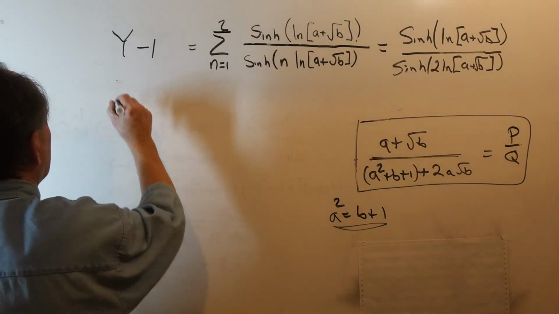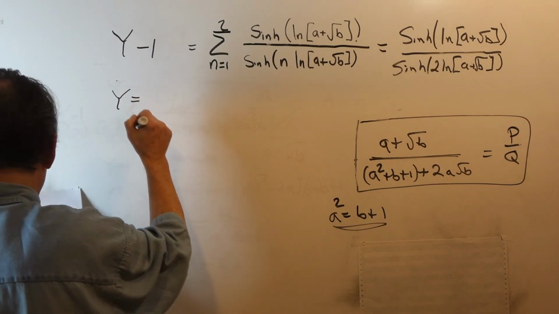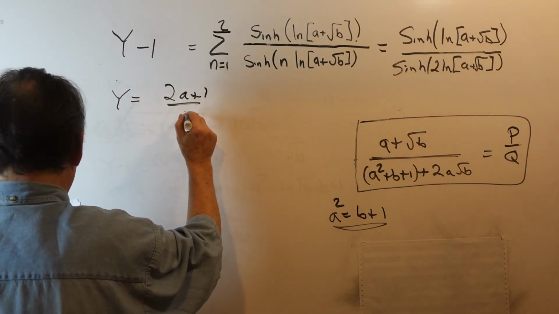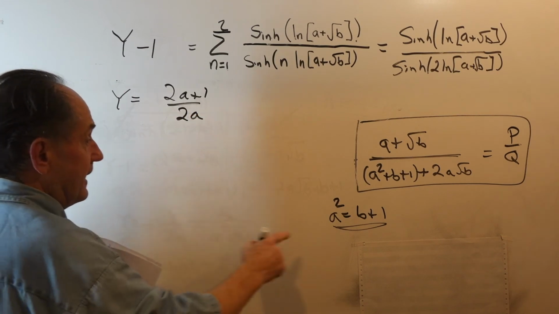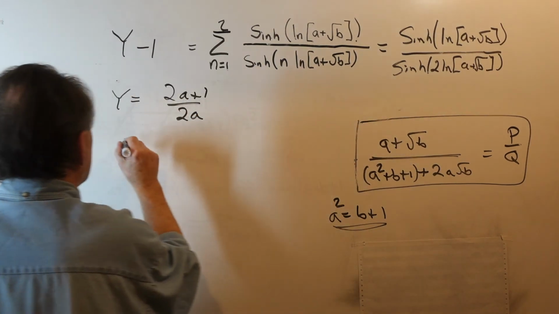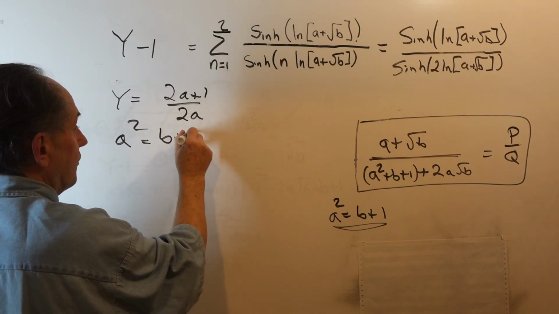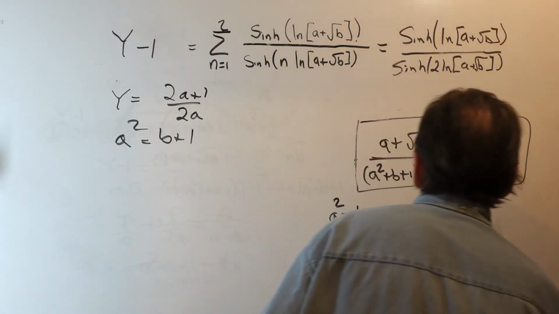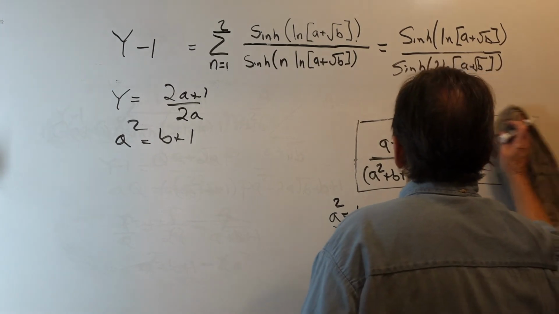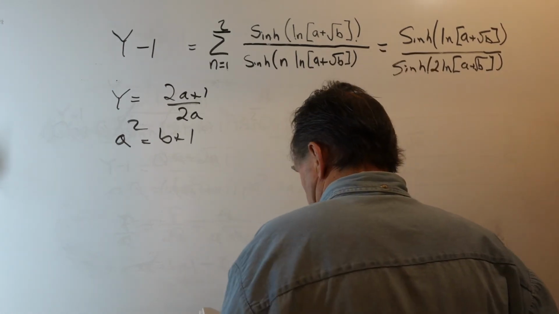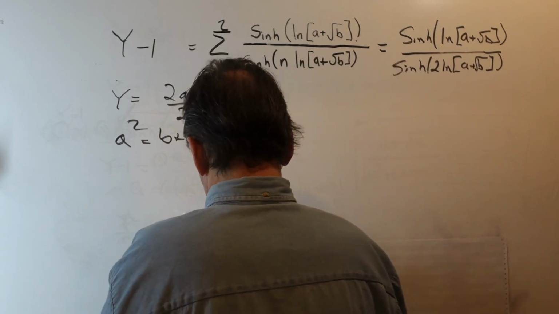Okay, so we had that y is equal to 2a plus 1 over 2a, and we also have that a squared equals b plus 1. So we can now build ourselves a table.